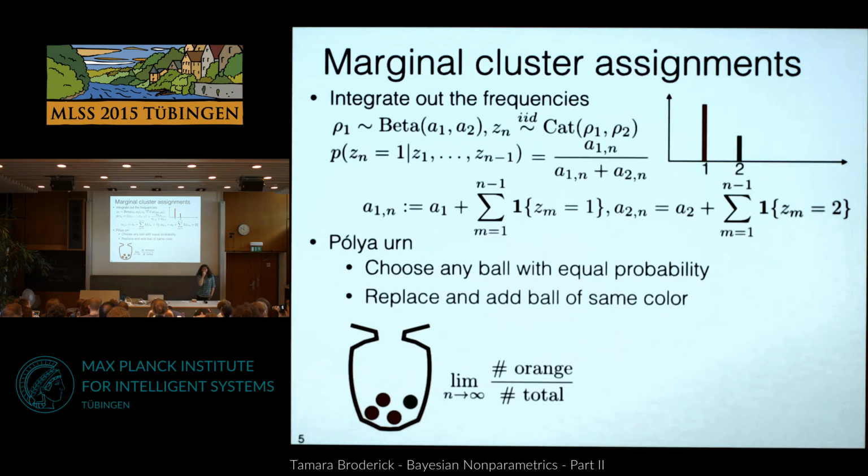I've described an equivalent model for the Z's, and so their limiting proportion has to be rho orange, and the limiting proportion of green has to be rho green. I'd love to take some questions to clarify this. Or is it all super clear and you're just wondering what to do?